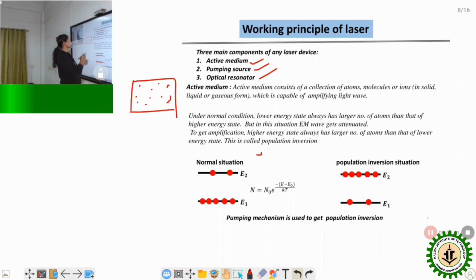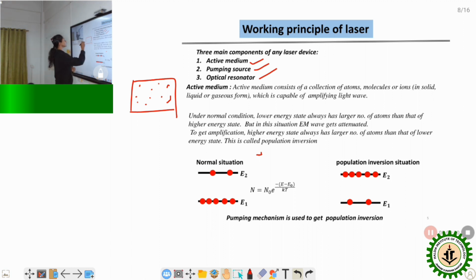Now, in the active medium, you give external excitation to generate the laser signal, because to generate the laser signal you need stimulated emission, and you have to give the external excitation.